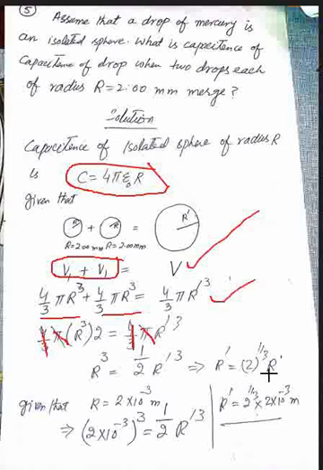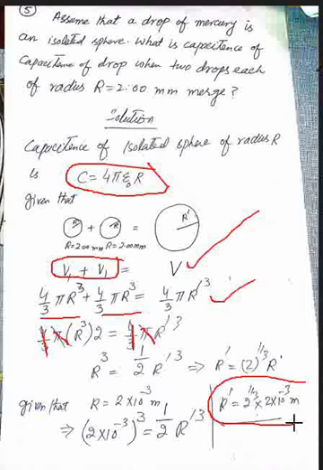Now we know that r is equal to 2 millimeter, so we put the value of r. So r dash will be equal to 2 power 1 over 3 into 2 into 10 raised to minus 3 meters. So this is the value of r dash.